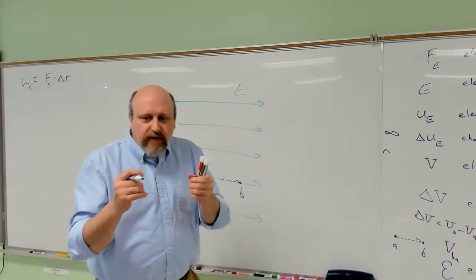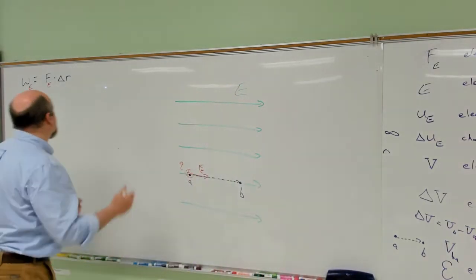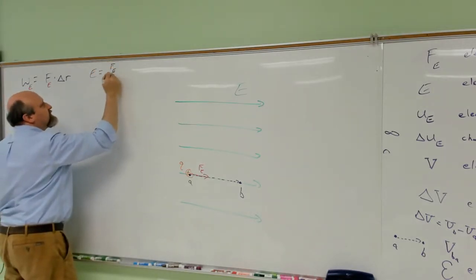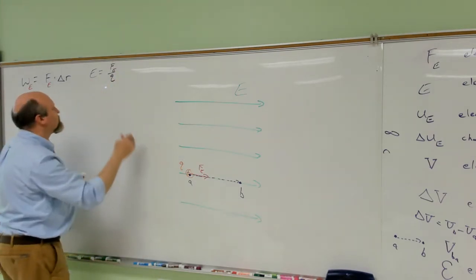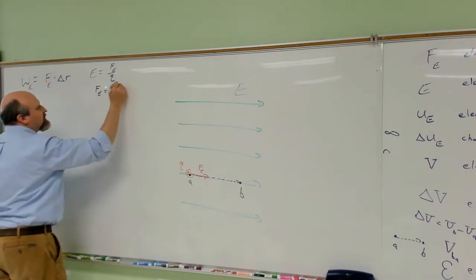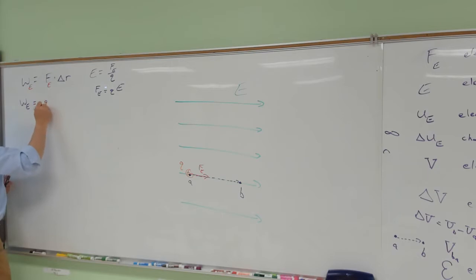So instead we talk about the force per unit of charge that we put there, in newtons per coulomb. So the electric field strength is the electric force per charge, and this is the value at a particular location. If I rearrange this, I get that the electric force is the charge times the field strength. So that's what I'll substitute in here for Fe. My work done by the E field would be equal to the charge that's getting pushed, times the field strength, dotted with the distance through which it acts. And so that's my formula.